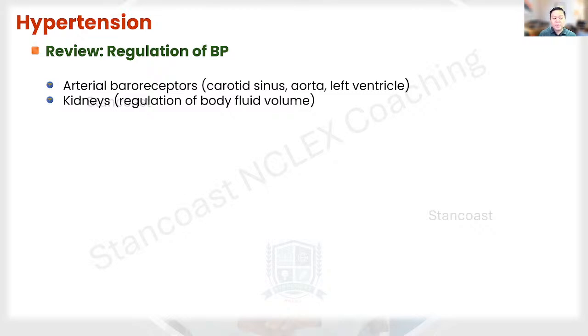Now, another mechanism that can help in the regulation is the RAS. Remember the renin-angiotensin-aldosterone system? Yes, I'm not going to elaborate this time. If you are not quite familiar with this one, I encourage you to go back to our lecture on renal system concepts. I've extended the discussion about this system.